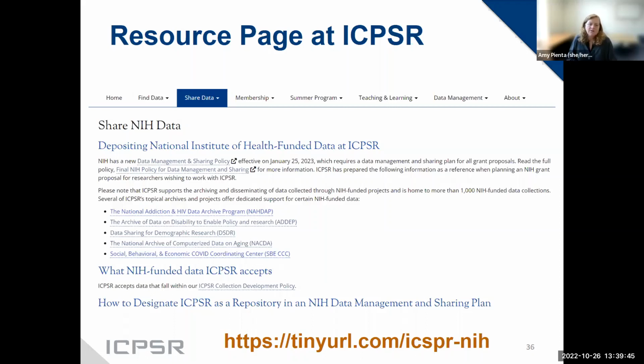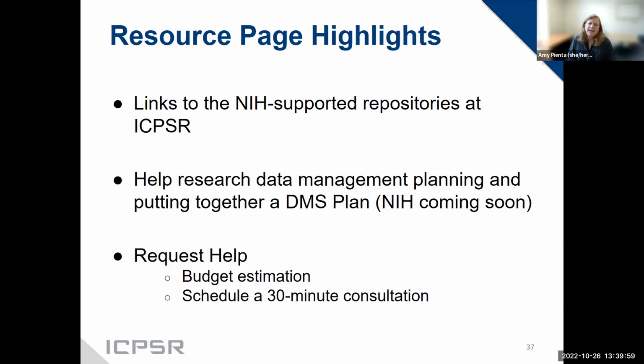We can also get to it from the shared data top level navigation button on the ICPSR homepage. If you click on the shared data button, there's a drop down for sharing NIH data. It'll give you information about NIH supported repositories at ICPSR that I've just talked about, and some others as well.